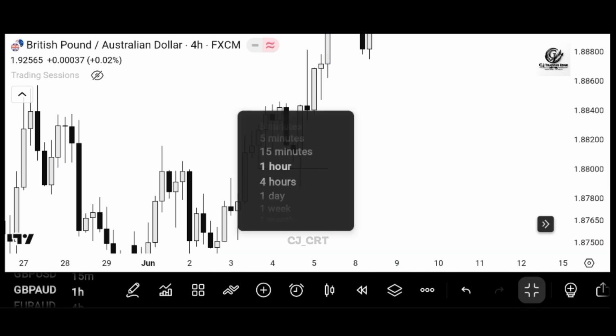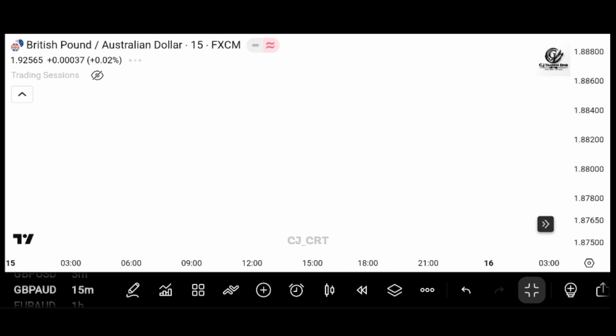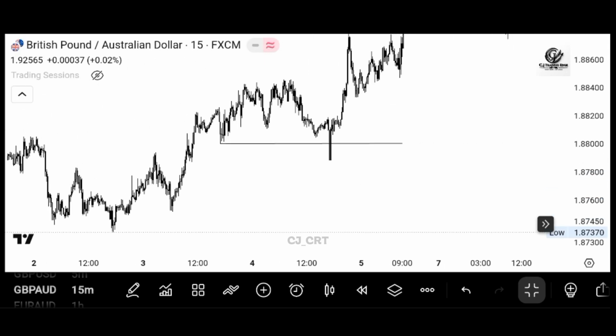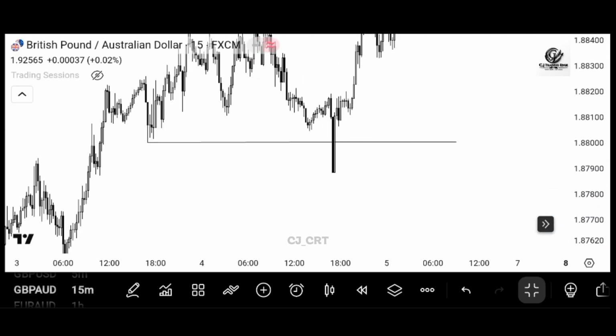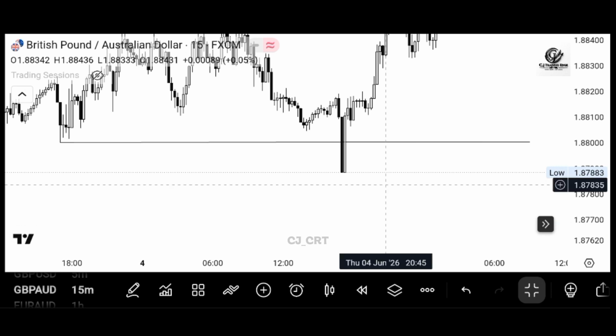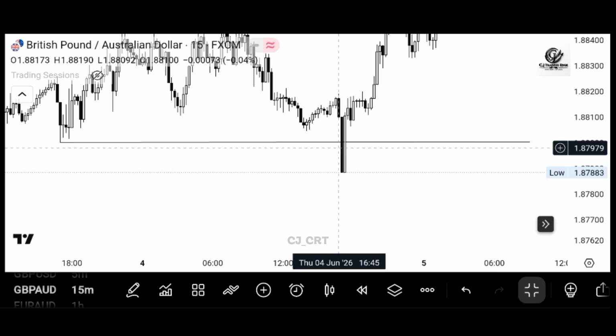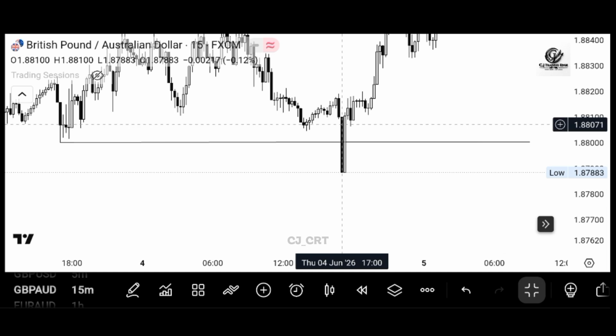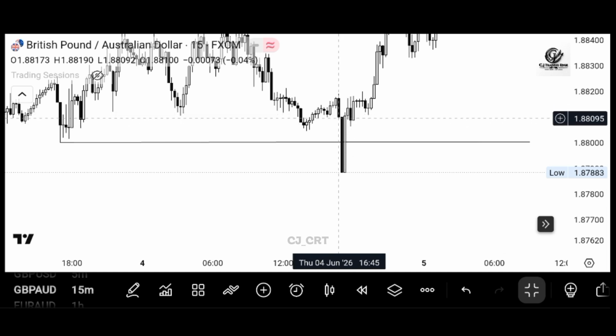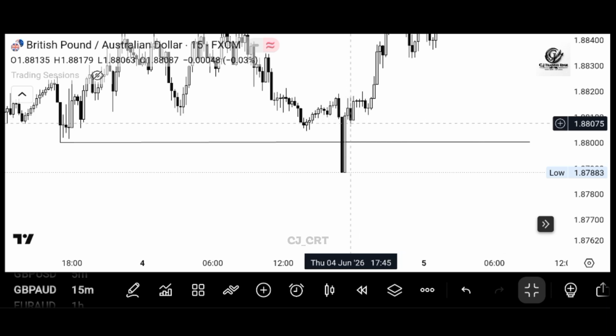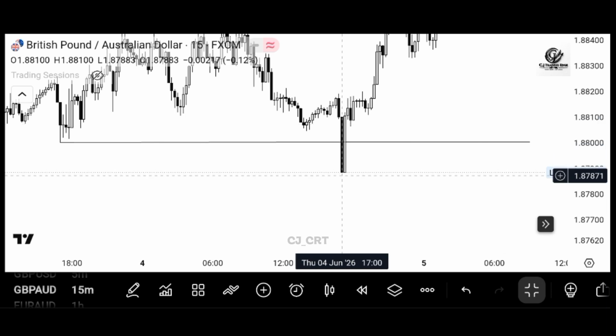You drop down to your 15 minutes time frame for your entry, and you use this tick down close candle as your entry. Once a candle, maybe multiple candles, closes above the tick down close candle, this should be your entry, and then your stop loss should be here.